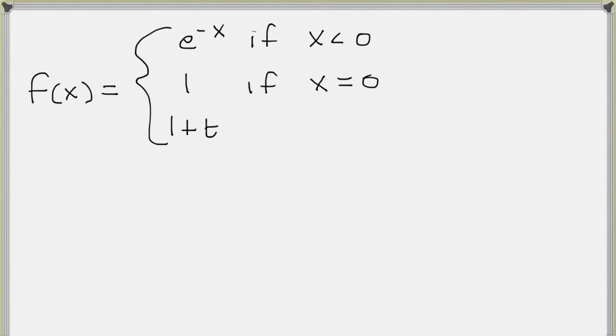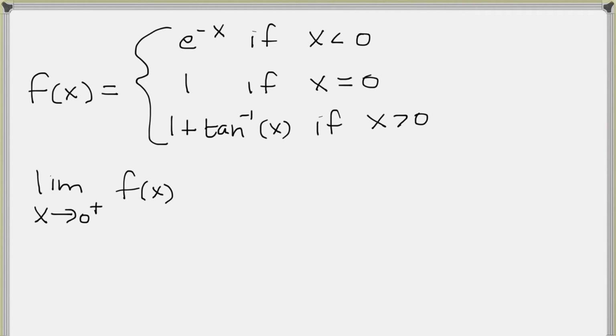Next, we take the limit as x goes to 0 from the right of f of x. If we are to the right of 0 on the number line, then we would be bigger than 0, so this condition would be satisfied. Therefore, we use this function right here, 1 plus the inverse tangent of x. So we take the limit as x goes to 0 of 1 plus the inverse tangent of x.